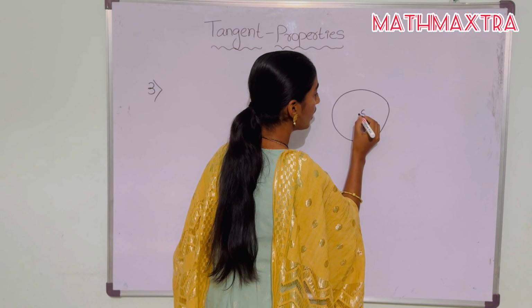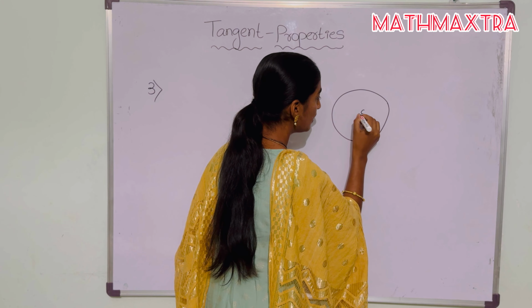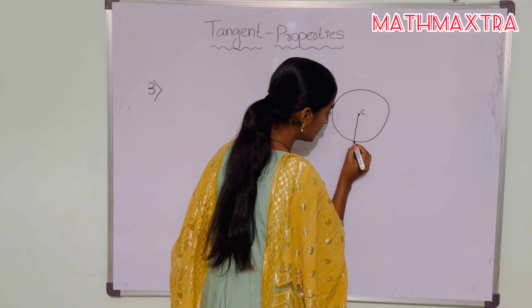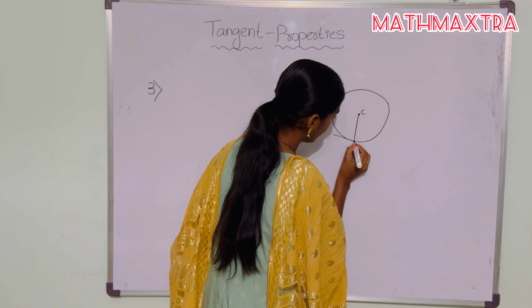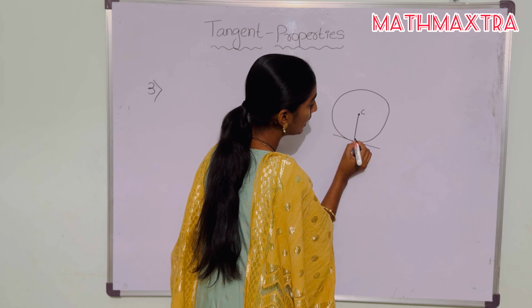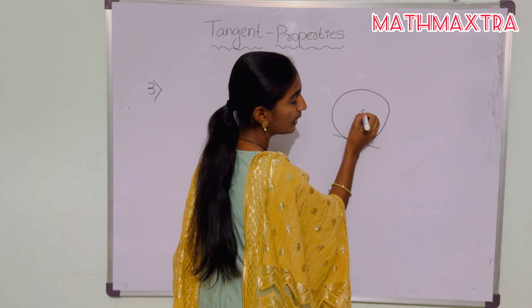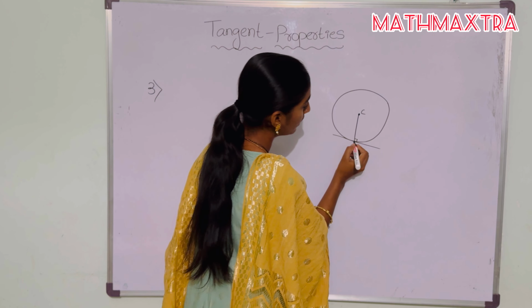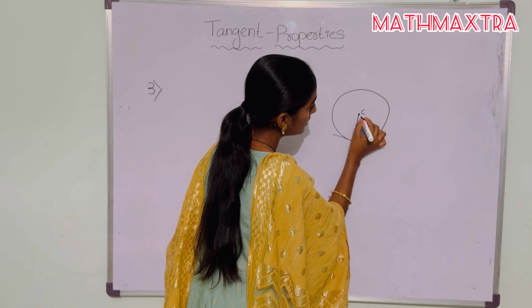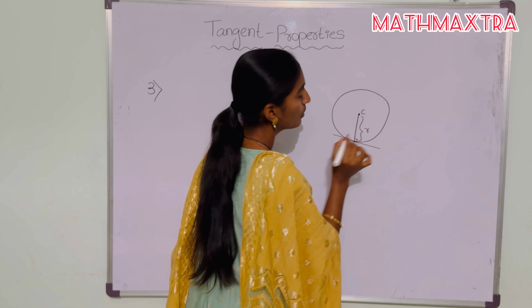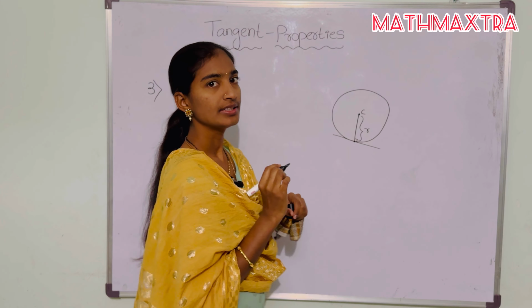So if you draw a perpendicular line joining the center of the circle to the point of contact, this will always be equal to the radius of the circle.